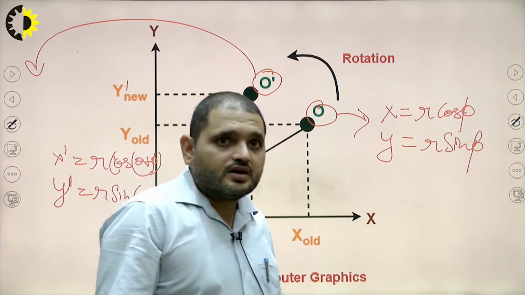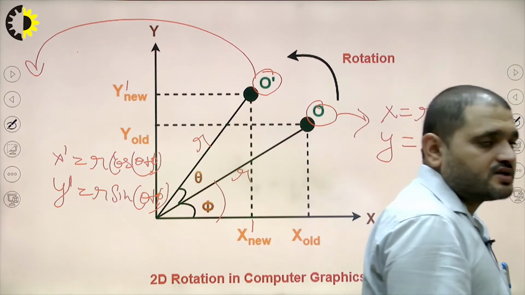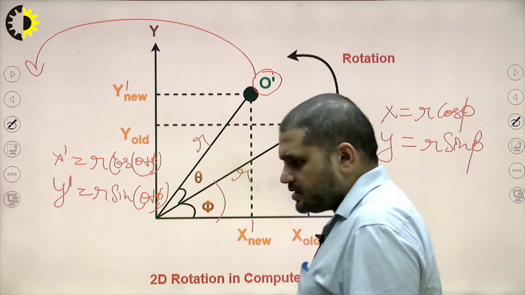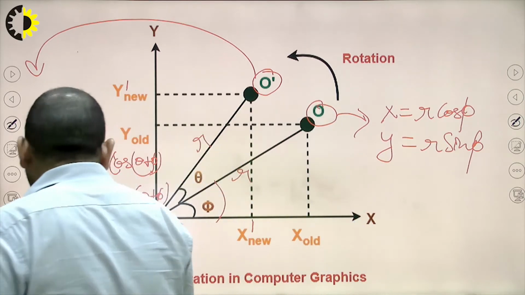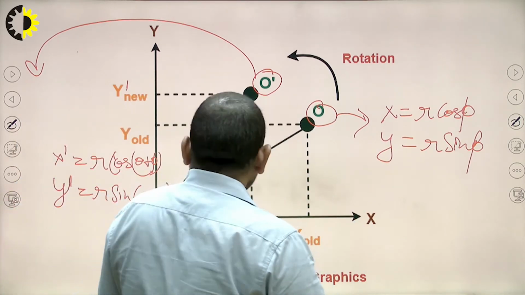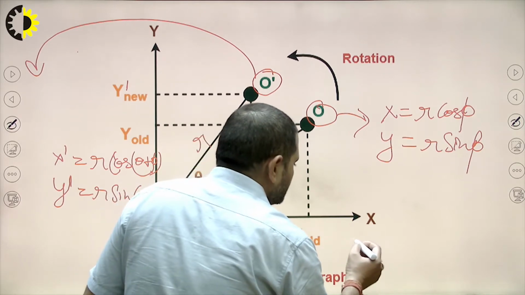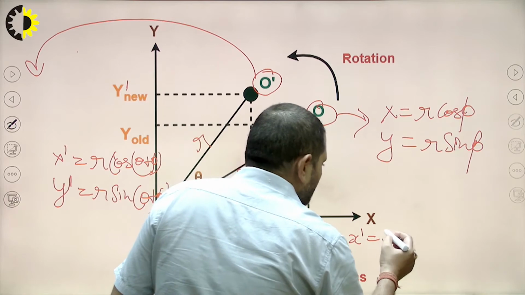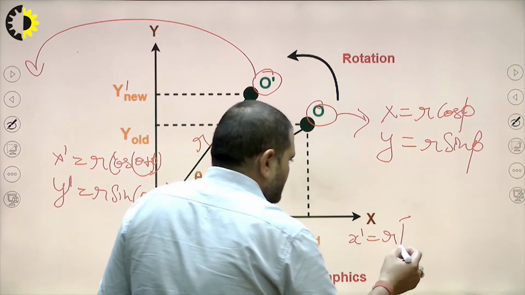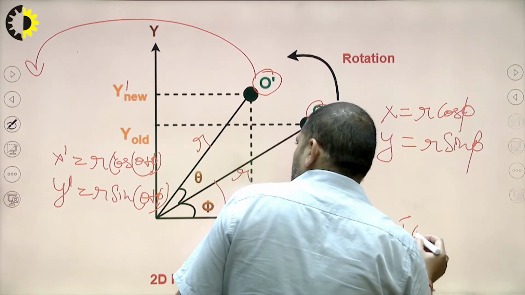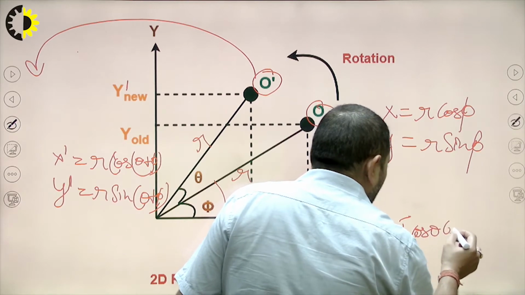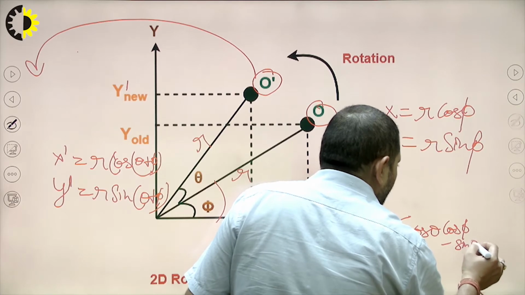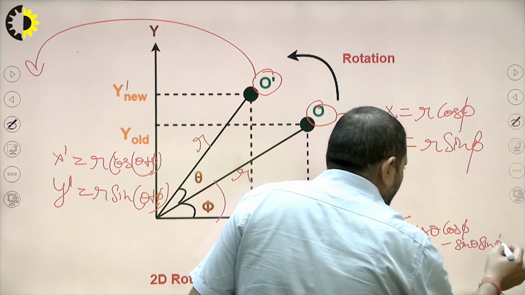Now if I expand r cos(theta plus phi), cos(theta plus phi) is cos theta cos phi minus sin theta sin phi. So x dash equals r, taking r common, cos theta cos phi minus sin theta sin phi.